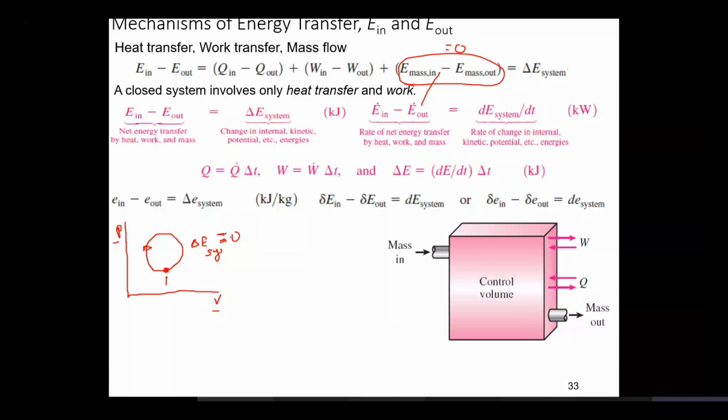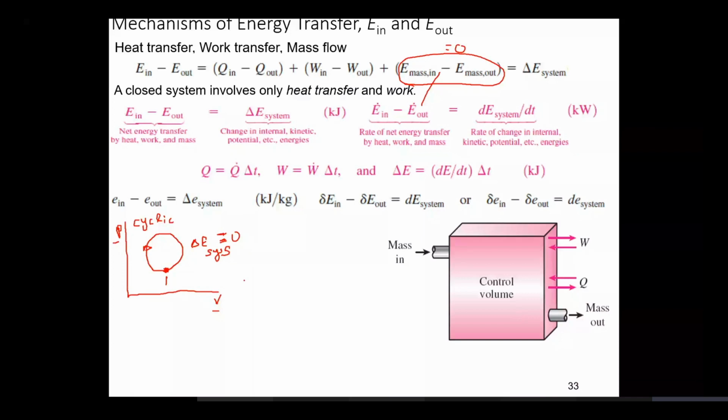Yes. Is it clear? Yes, sir. All right, great. This process is known as a cyclic process, where you start from one point and come back to the same state. For a cyclic process, the change in energy of the system is essentially zero.